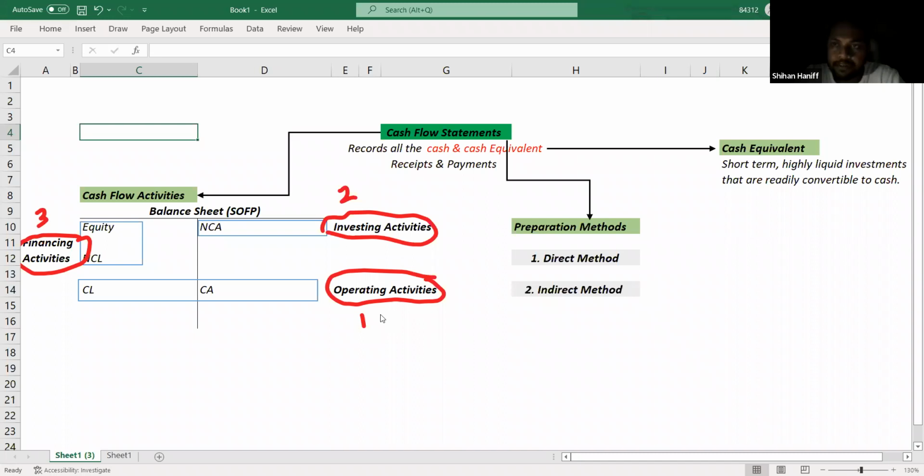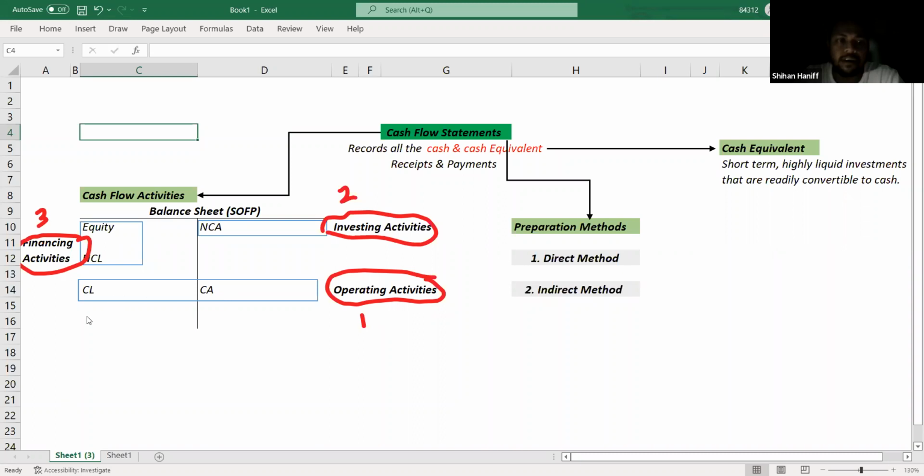Operating activities means the day-to-day activities of a business, mainly the current assets and current liabilities. The transactions related to current assets and current liabilities are operating activities.